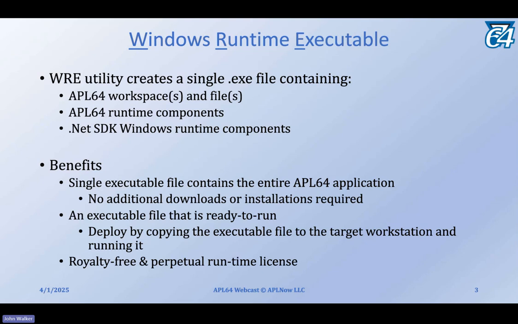That's mostly the reason why the executable file itself is fairly large compared to what you used to be able to deploy with APL plus Win. In APL plus Win, it was simply just the APL plus Win workspaces and mainly just the APL plus Win runtime executable and any associated files that are related to that.